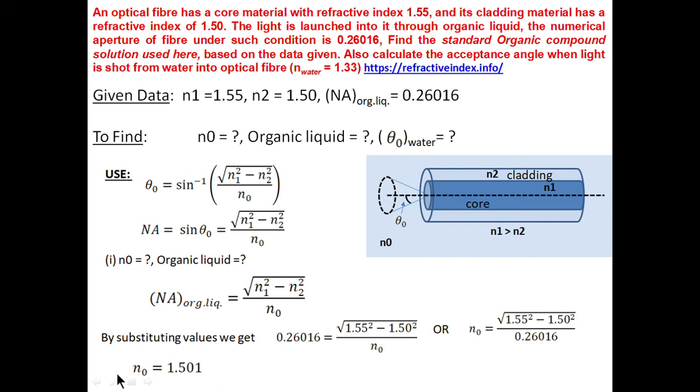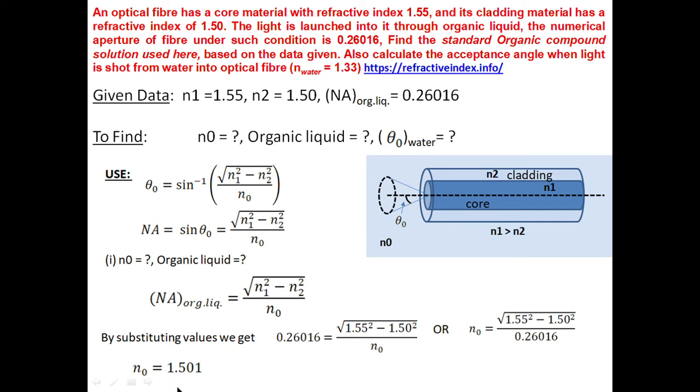So once you have found n naught, compare this value. We have found that n naught is 1.501, which is quite different from water. Water's n naught is 1.33, which is already given here, which we will be calculating shortly. N naught for air is 1, but for the liquid that we are using here it is 1.501.